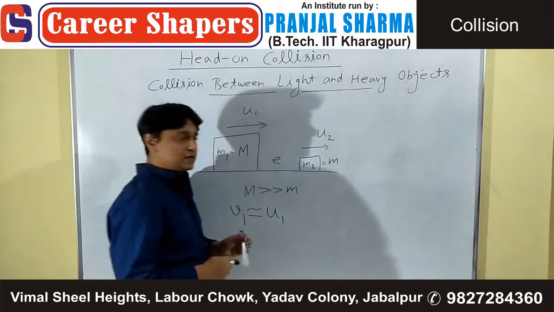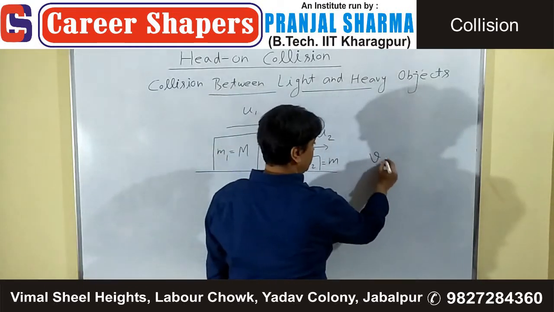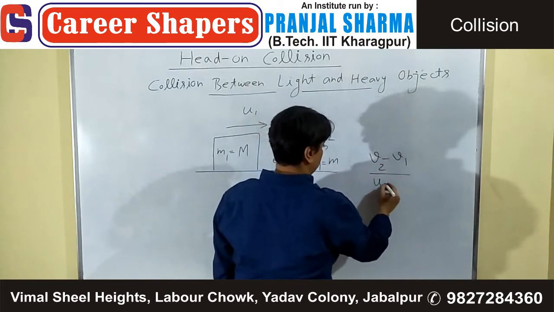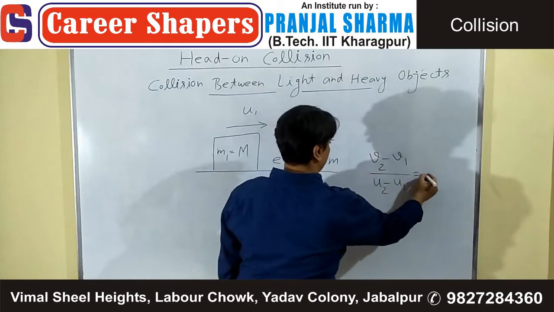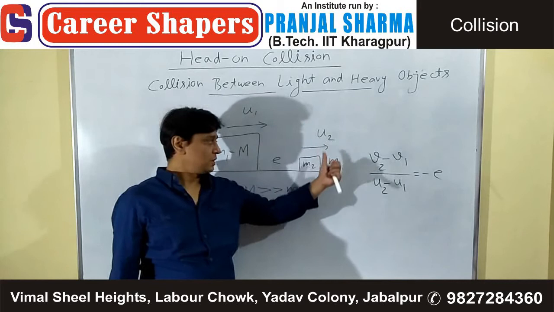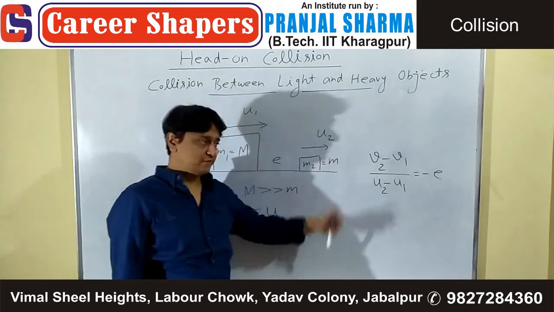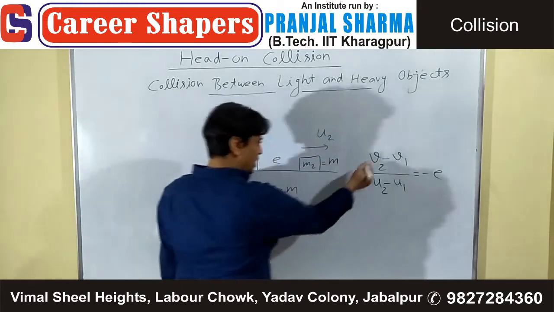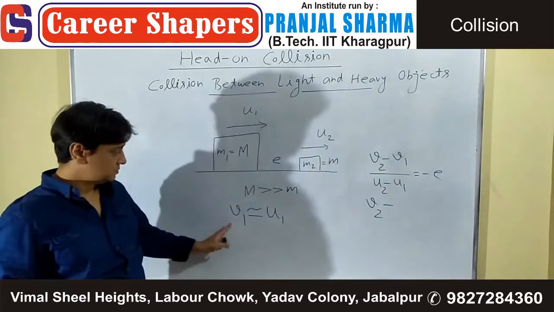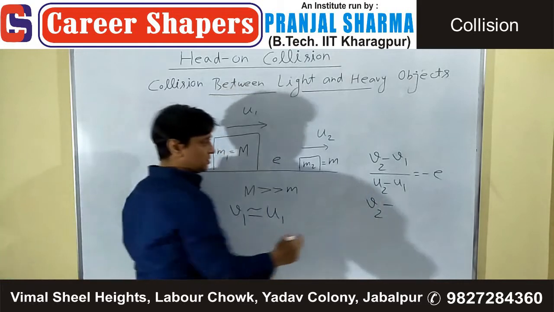Once you understand this part, we can directly use Newton's equation, which is (V2 minus V1) upon (U2 minus U1) equals minus E, for the calculation of the velocity of M2 after the collision. We need to find V2, and we are saying that V1 is nothing but U1.